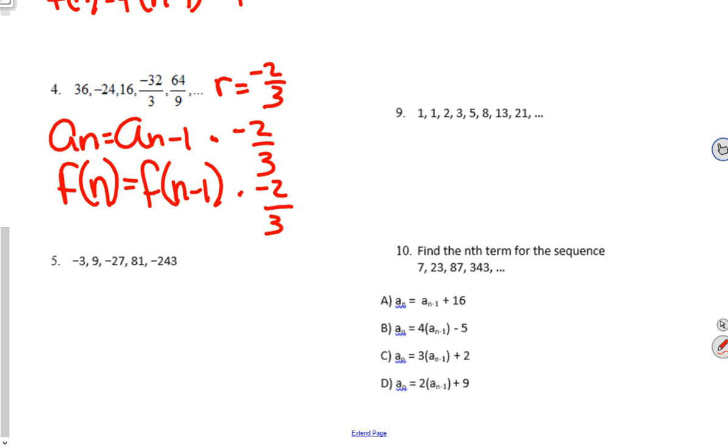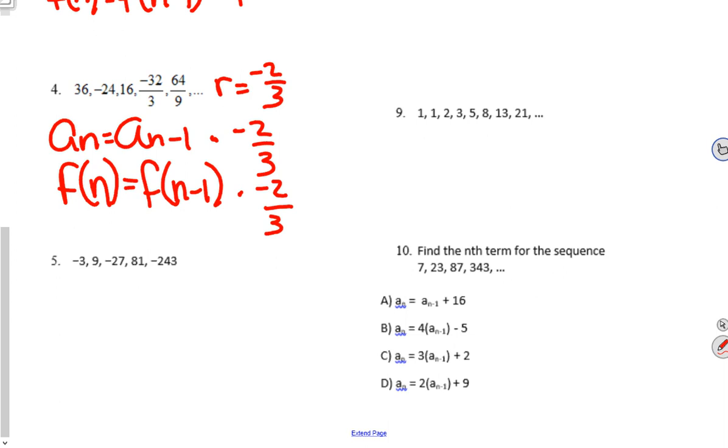On number 10, it says find the nth term for the sequence below. So we've got 7 to 23, 23 to 87, 87 to 343. So when I look at my answer choices below, I have to figure out, is this going to work? Is 23 minus 1 plus 16 going to give me 87?